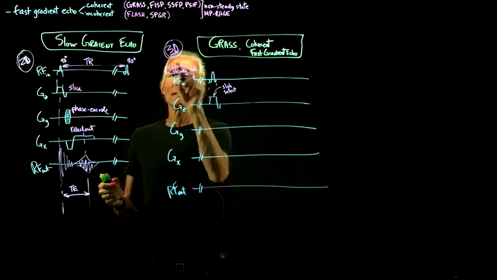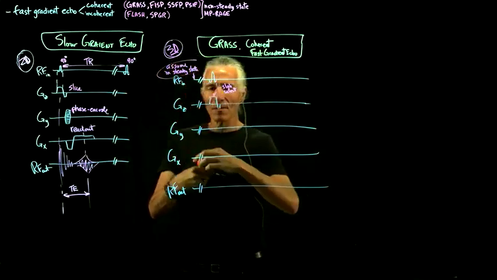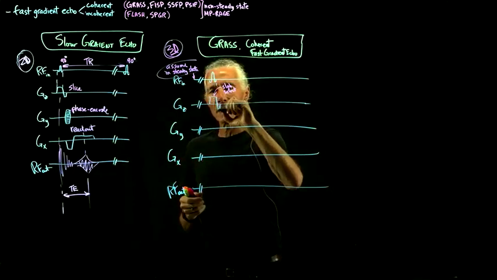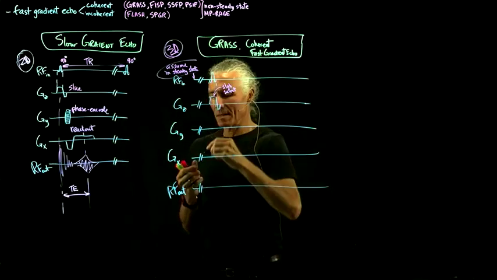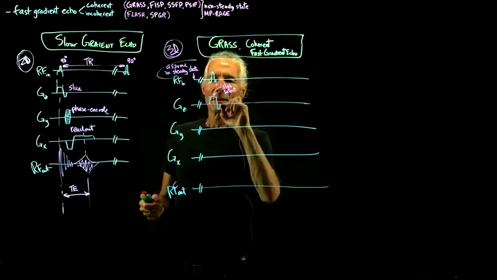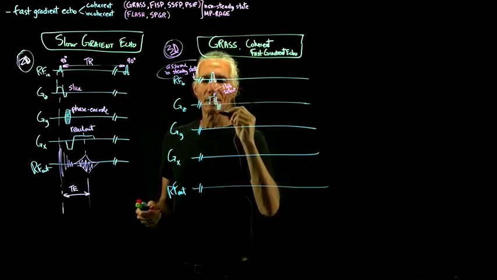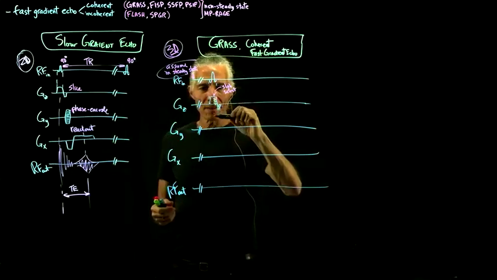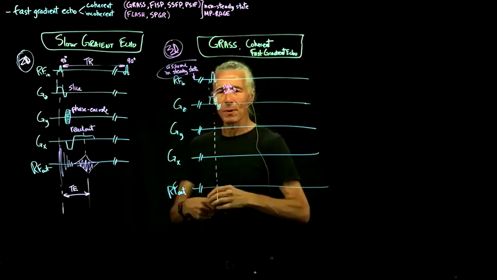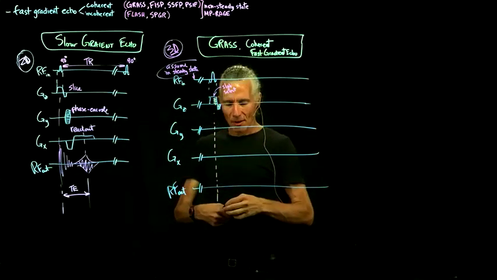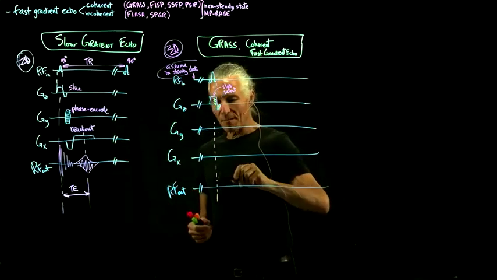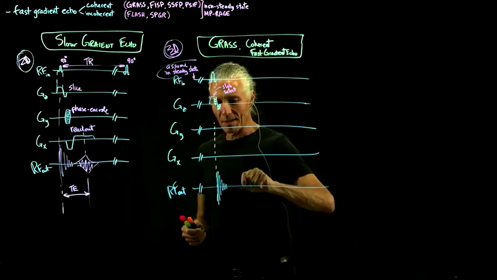And so remember, the reason this guy, the little corrector, was only half as big in area is because we were assuming that you can think of the RF pulse as having started from the middle of that RF pulse.